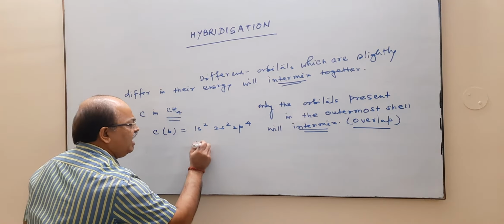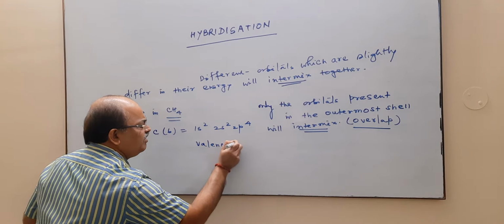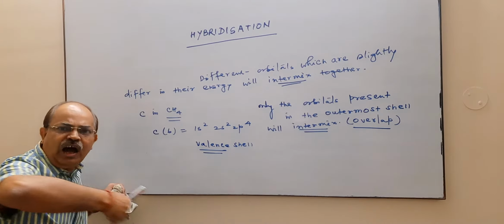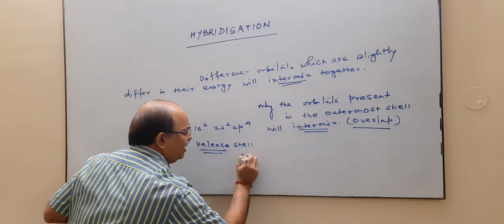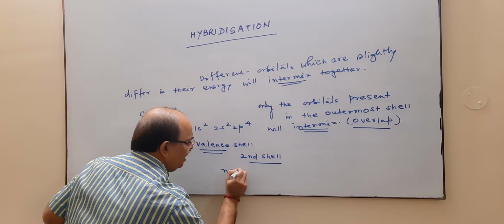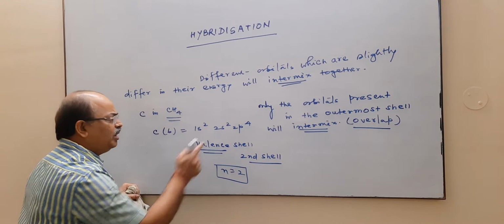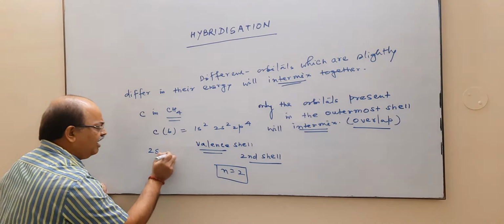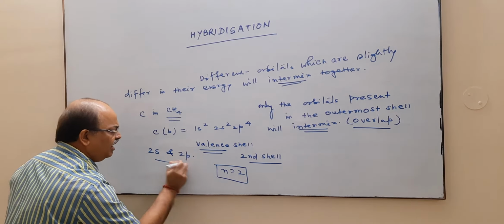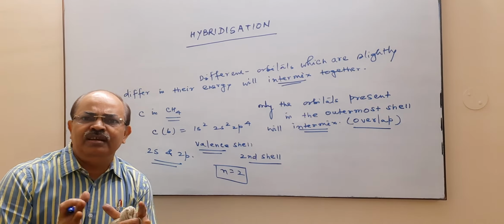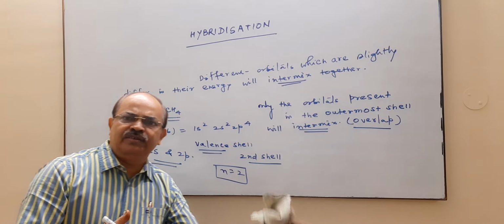Now if somebody asks you what is the valence cell, valence cell means which cell is your outermost cell, you can say it is your second cell. Second cell means n is equal to 2. So in n is equal to 2, you have the 2s orbital and the 2p orbitals, and only these will take part in hybridization.